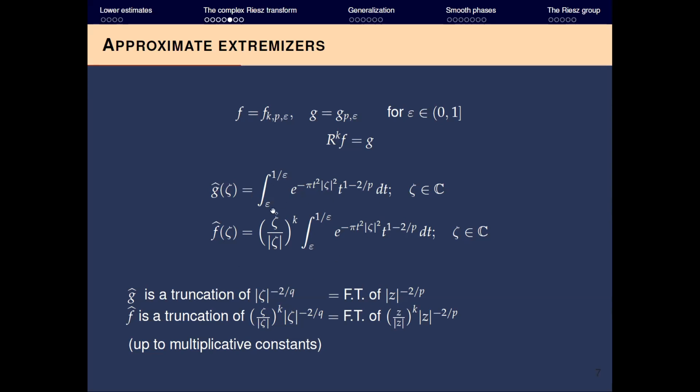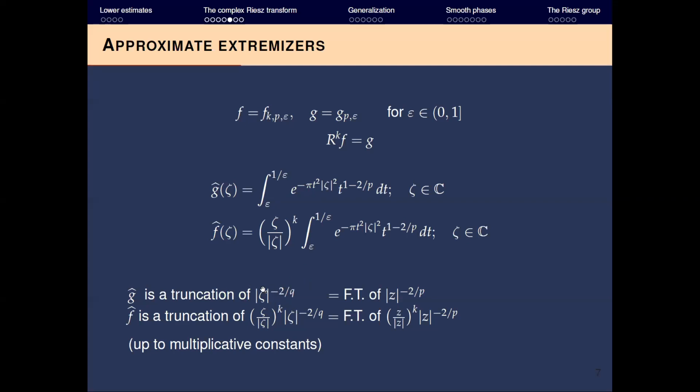So if you integrate it from 0 to infinity, you would get a constant multiple of absolute value of zeta raised to -2 over q. And similarly for the function f hat, right? So these are certain truncations, but truncations on the Fourier side. It turns out to be a more elegant way of doing things.